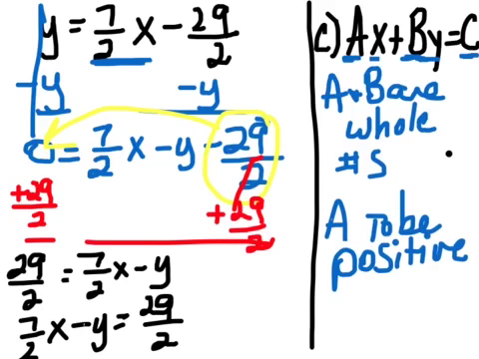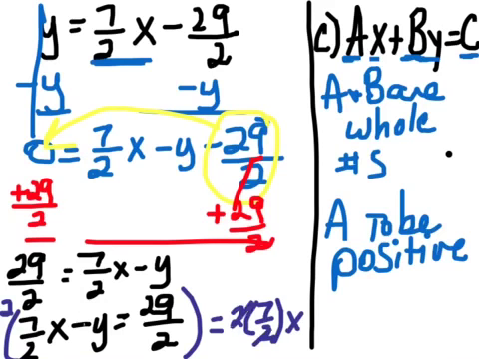Now, I'm almost done. The problem is I'm not supposed to have a fraction in front of my x or y, and the x has a fraction. Your book wants you to make it where you don't have any fractions at all. Either way is fine with me when you do a test, but here it works out really nicely, because if you look in the denominator, you have 2's there. Well, I can get rid of those 2's. If I multiply every single term in this whole equation by 2, I get rid of the fractions. 2 times 7/2 x, the 2's cancel out, and I end up with 7x.